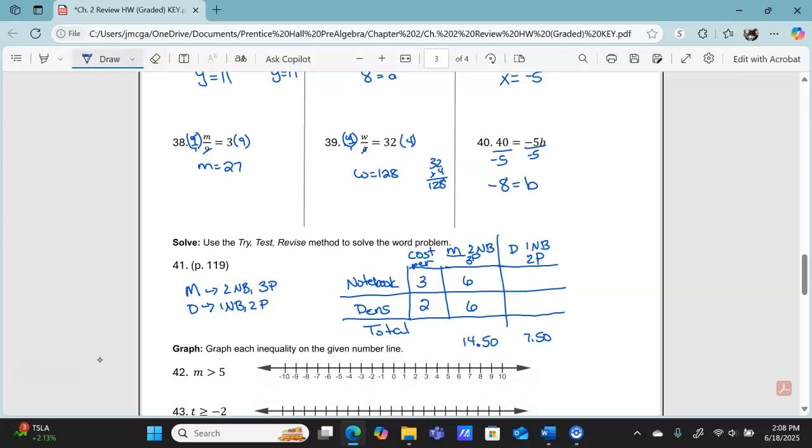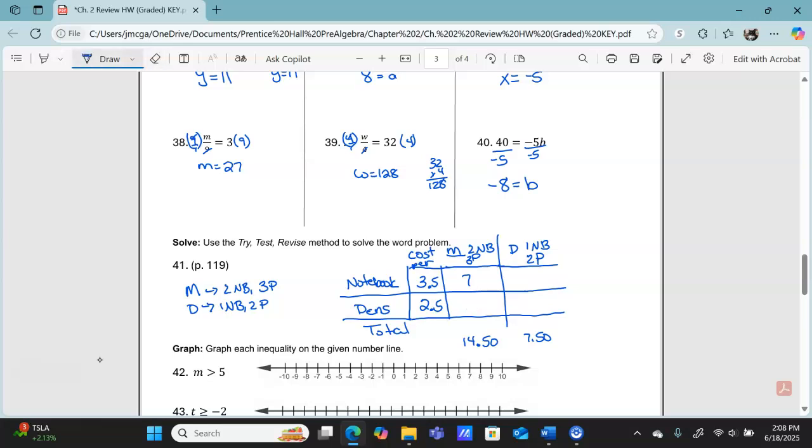What if we made that 350? That would be 350 times 2 is $7. 7 plus 6 is 13. What if pens were 250?